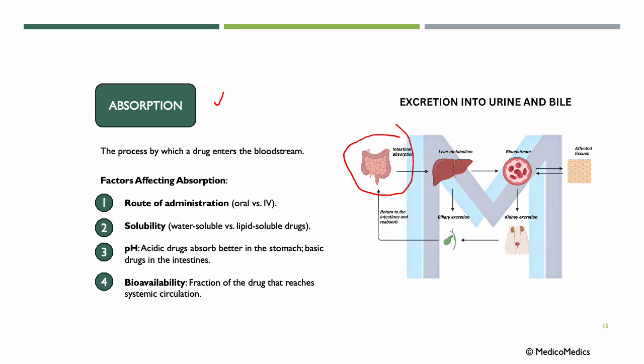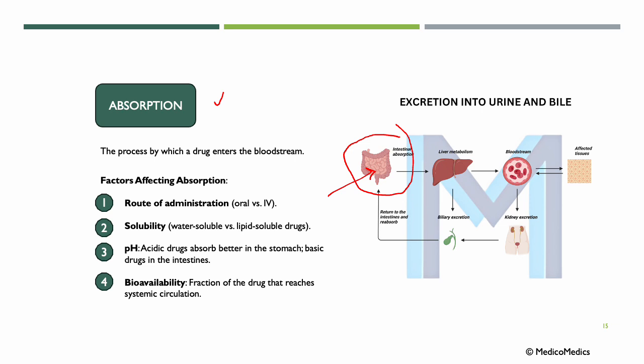Now, the path begins in the gut lumen, where the drug dissolves in GI fluids. It then passes through the intestinal epithelial cells via processes of passive diffusion or active transport. And this is often the rate-limiting step.